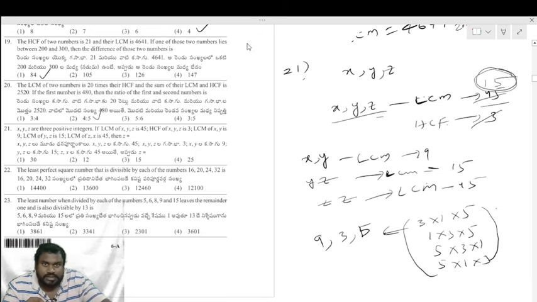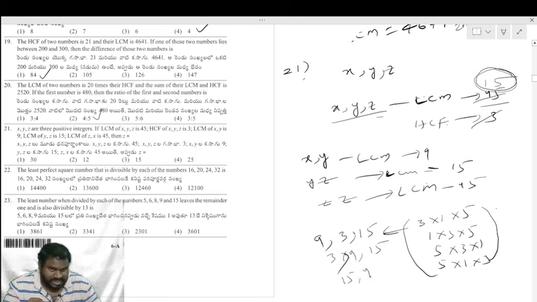The second one, 3, 9, 15. Then 15, 9, 3, and 15, 3, 9.